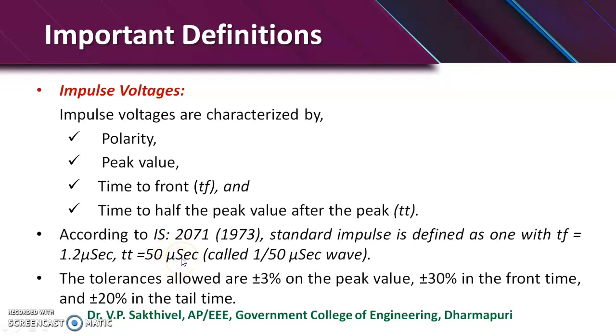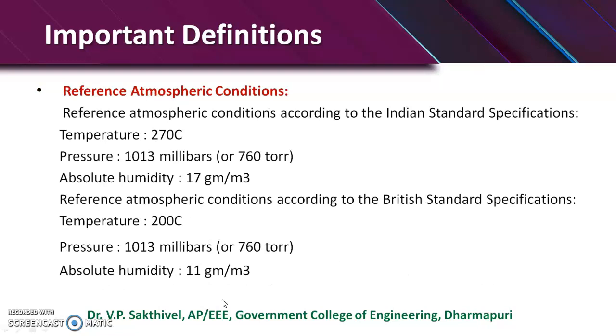Otherwise it is called a 1.2 by 50 microsecond wave. The tolerances allowed are plus or minus 3 percent on the peak value, plus or minus 3 percent on the front time and plus or minus 20 percent on the tail time.